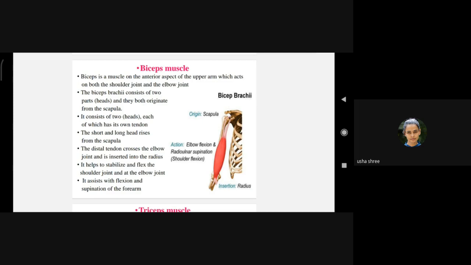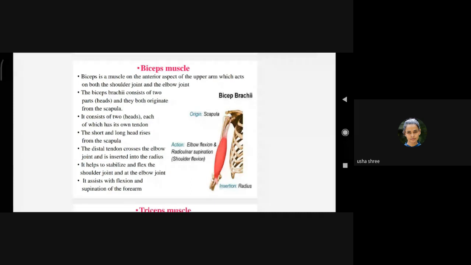The short and long heads rise from the scapula. The distal tendon crosses the elbow joint and is inserted into the radius. It helps to stabilize and flex the shoulder joint and the elbow joint. We can see our biceps when we flex our elbow joint.